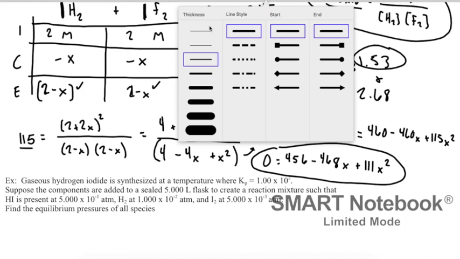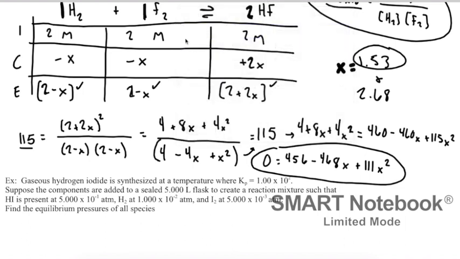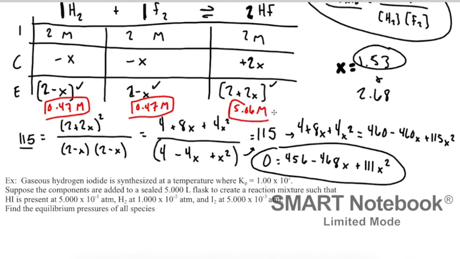When you do that, just some real quick, simple algebra, I get 0.47 moles per liter of H2, 0.47 moles per liter of F2, and 2 plus 2x here for this one, I get 5.06 molar right there.